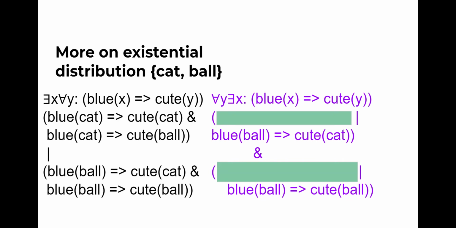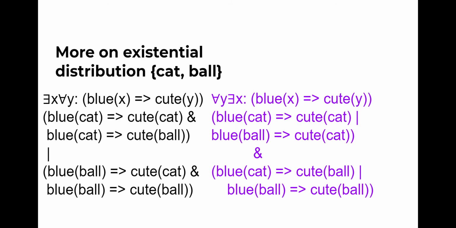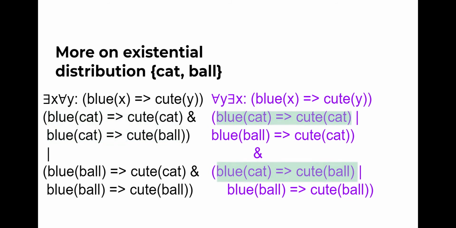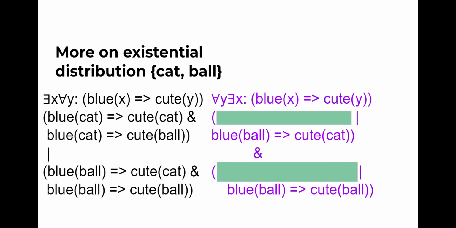And so as a result, one intuitive way of putting it is that the green has to be true here, the green has to be true here. The green is there in both cases, the same amount of green, sort of intuitively speaking, and that's what makes it so that existential distribution works.